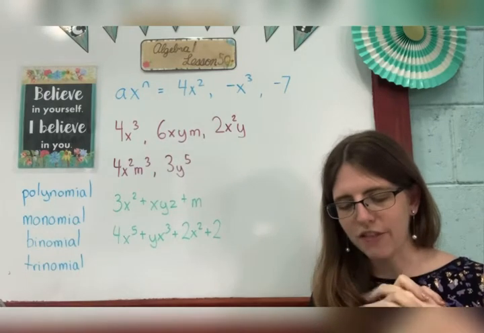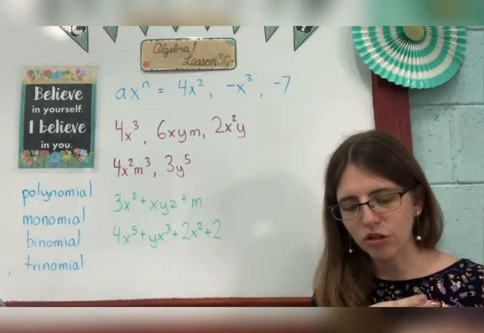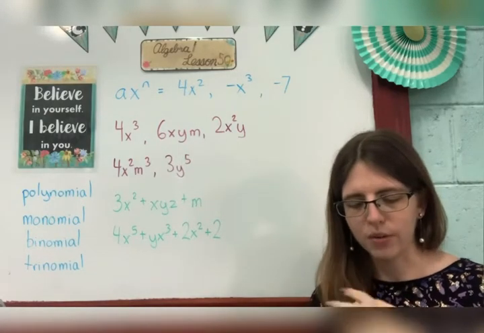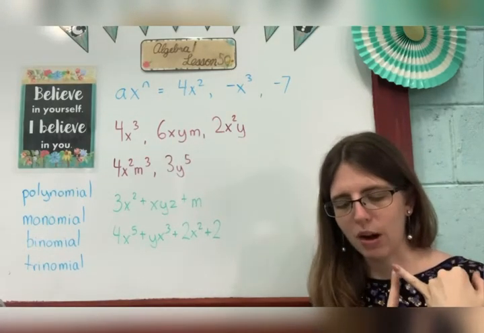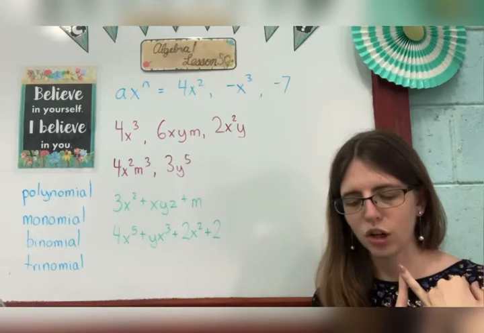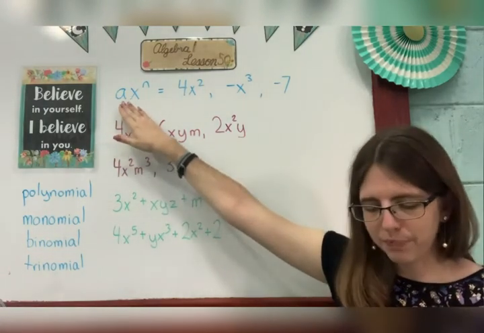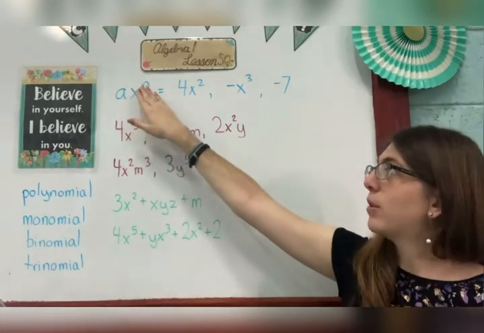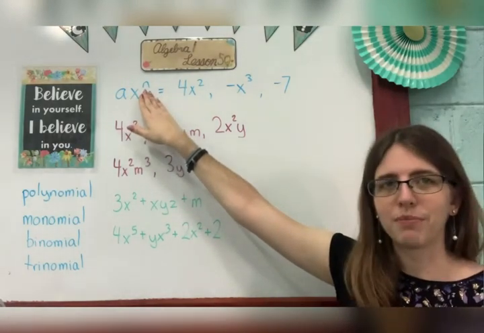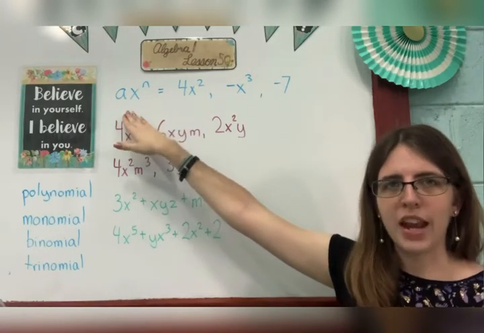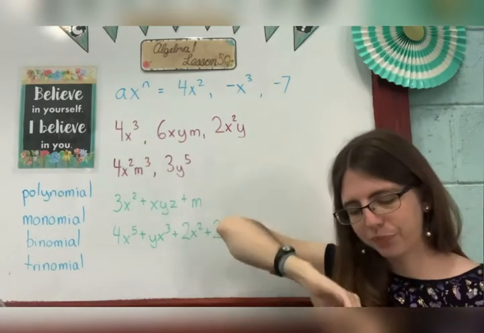Thus, the general definition of a polynomial has the same restrictions that are given by the definition of a polynomial in one unknown, namely, number one, the numerical coefficients of the individual terms must be real numbers. So a has to be a real number. The exponents of the variables must be whole numbers, okay? So real number for a, whole number for n. You can have all kinds of variables.